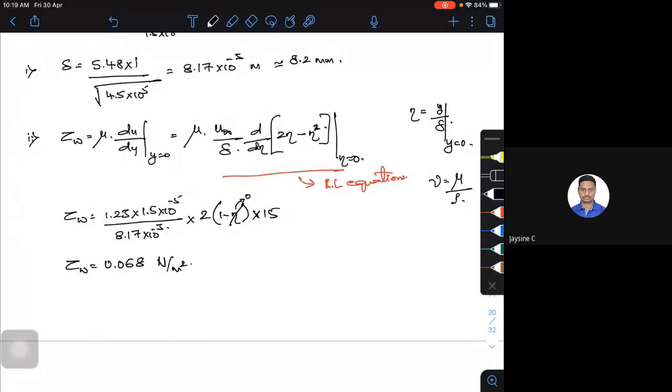Now, if it is purely turbulent, your delta is going to change, as per the 1/7 law. It's a purely turbulent flow. Let me get that equation for a turbulent.